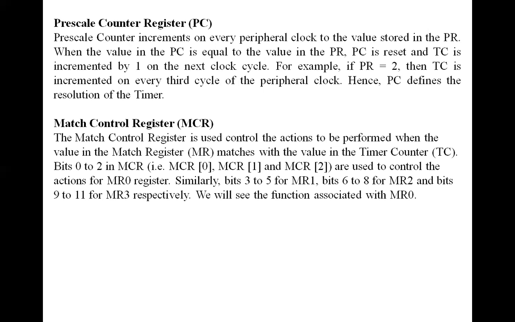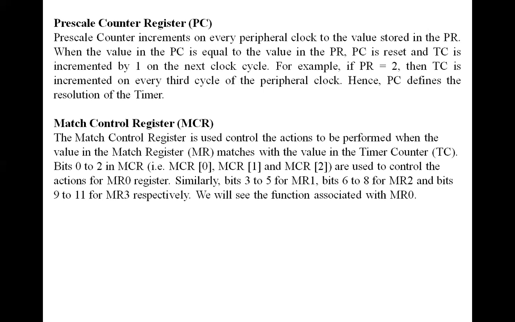Now the next is the match control register. Shortly we will say MCR. The match control register is used to control the action to be performed when the value in the match register, that is MR, matches with the value in the timer counter, that is TC.